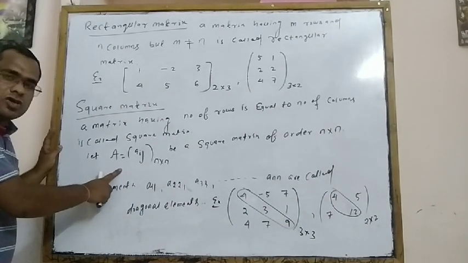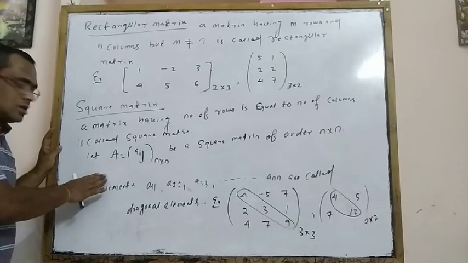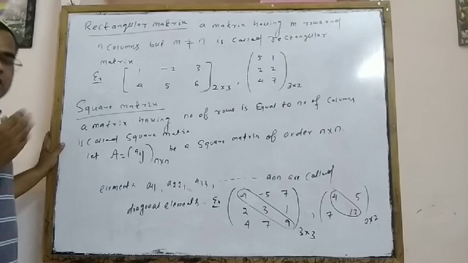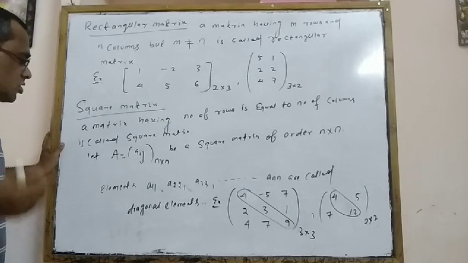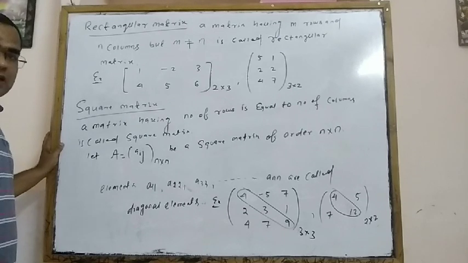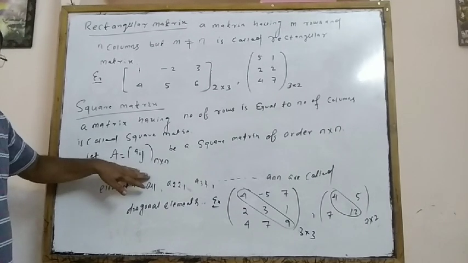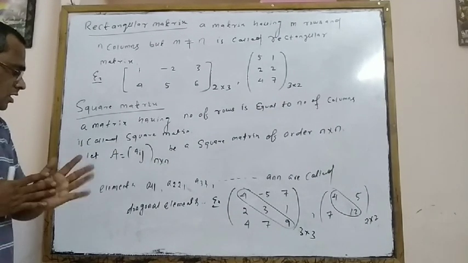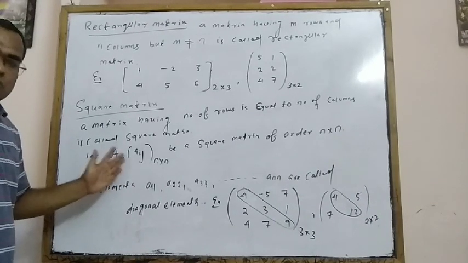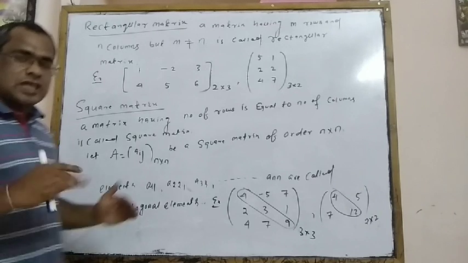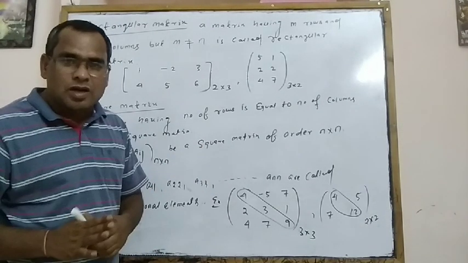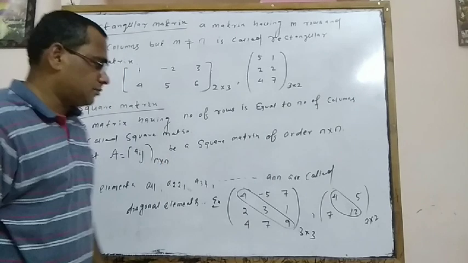Every square matrix is associated with a numerical value or an expression, and that is called the determinant of that matrix.